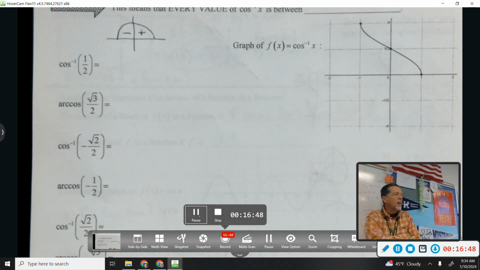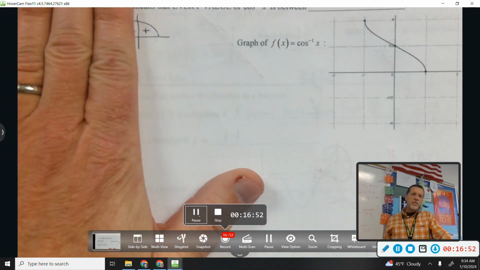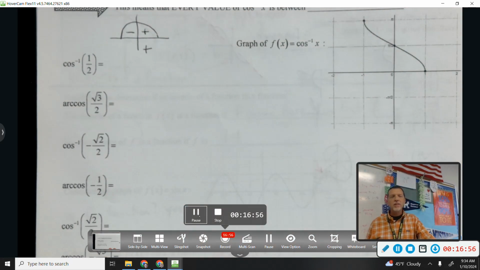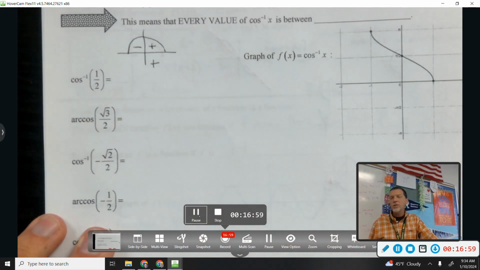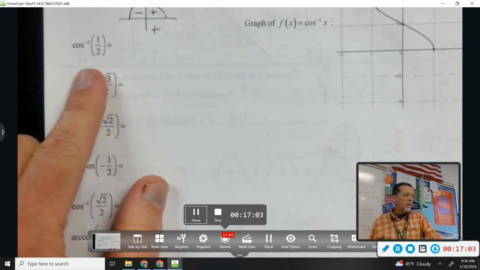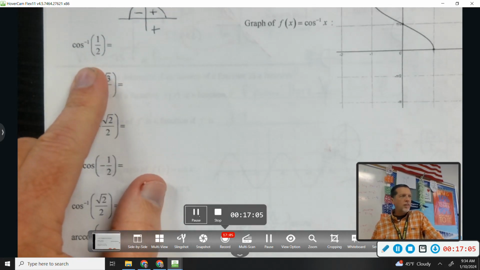So with cosine, you can't use 1 and 4, because cosine's positive in 1 and 4, so you wouldn't have all your options there. So for cosine, you use 1 and 2. So the inverse cosine of 1/2 means I need an angle whose cosine is 1/2.